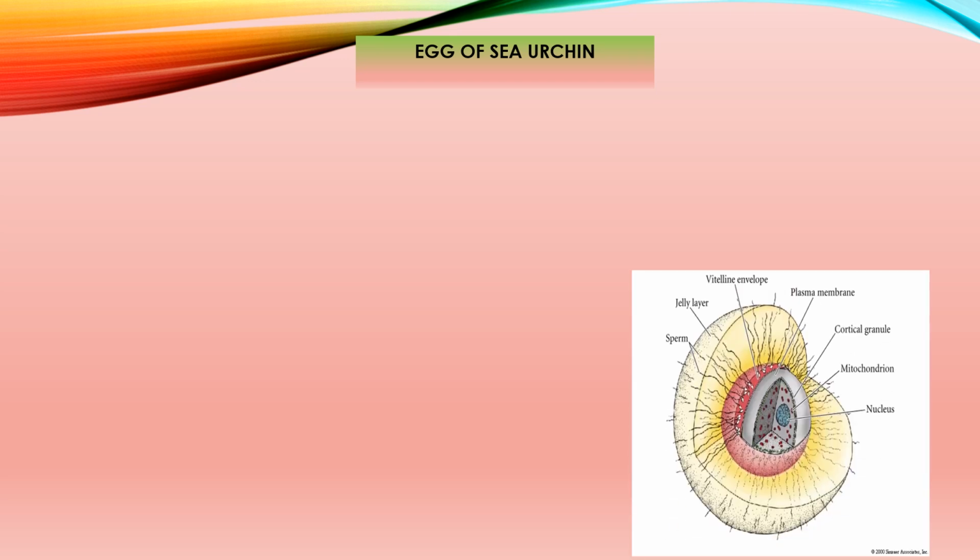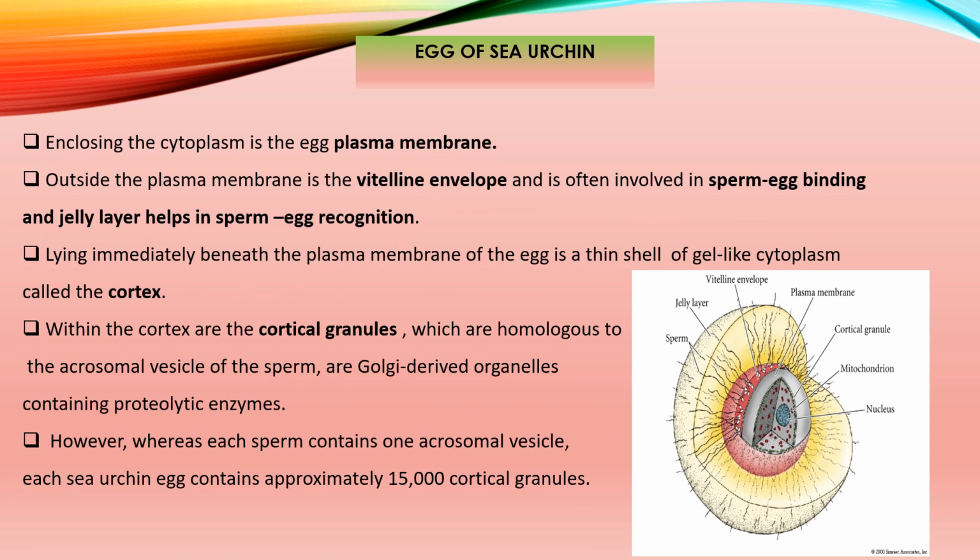The next is the structure of the egg. This is the structure of the sea urchin egg. Here, in gray color, is the plasma membrane. We know that the plasma membrane is a semi-permeable membrane, which has the property that it allows selective ions and substances to enter into or exit from the cell.